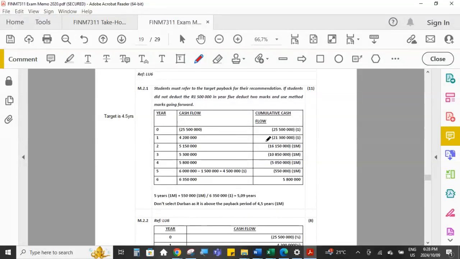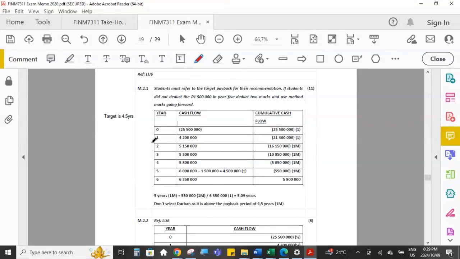So as each year's cash flow takes place, our total initial investment, that negative, slowly gets smaller and smaller and smaller. So we are measuring how long it will take us to recover that 25.5 million rand that we initially spent in terms of all of the cash inflows that we will get over the life of the project.